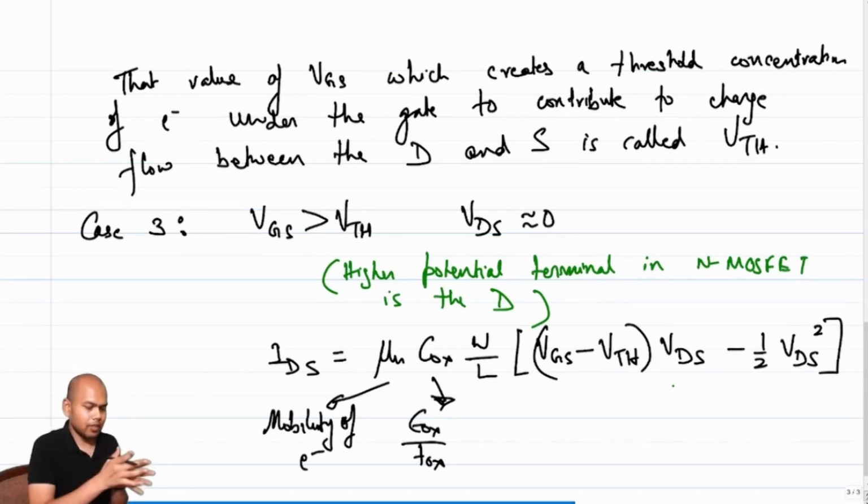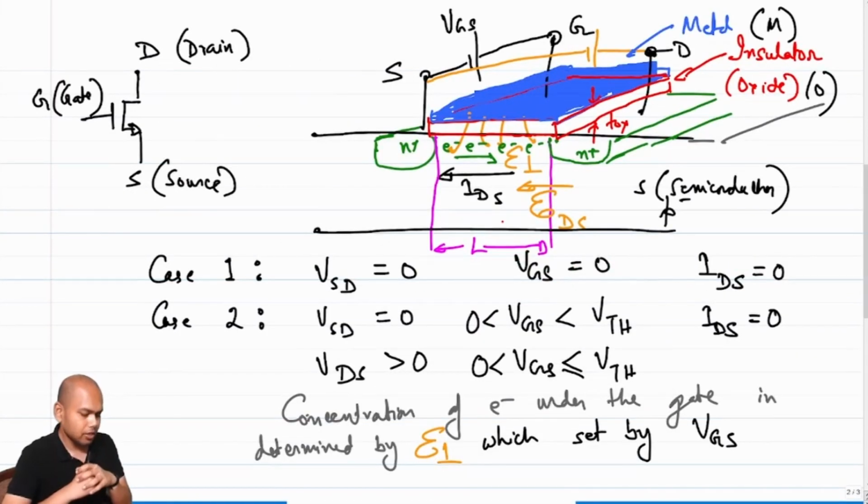And if the distance between A and B is short, in this case the distance between drain and source, then you can go faster, right? So naturally the current between the drain and the source is inversely proportional to L. So if L becomes larger and larger, the current drops proportionately. And if L becomes smaller and smaller, the current increases proportionately, right?